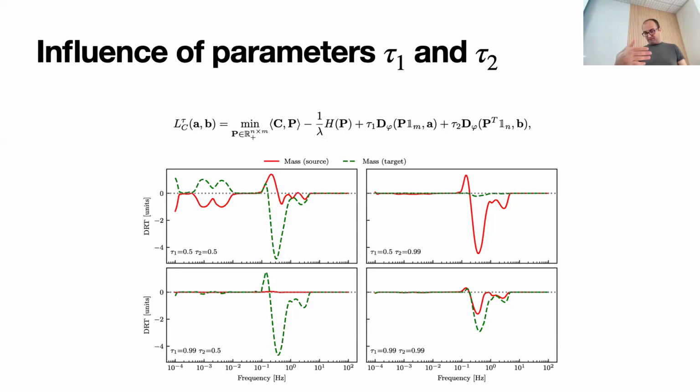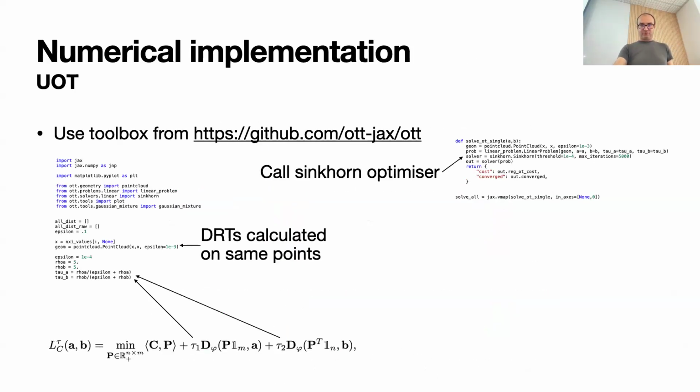We can go even further. I'm not going into more details because I would like to show you the example. Everything is built on a toolbox called Optimal Transport. It has everything implemented inside. You don't have to do anything.